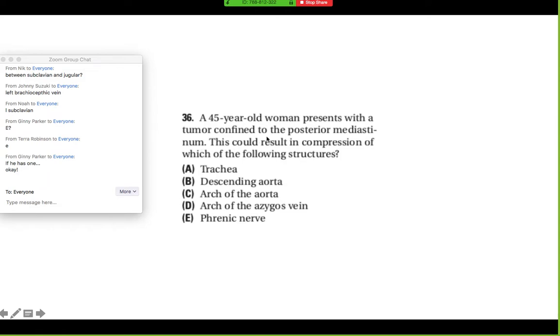All right, a 45-year-old woman presents with a tumor confined to the posterior mediastinum. This could result in compression of which of the following structures? So again, thinking of which structure is most posterior, and also which structure is actually located in the posterior mediastinum.